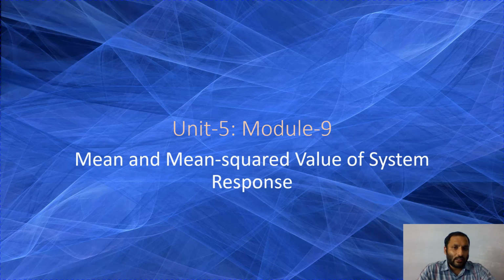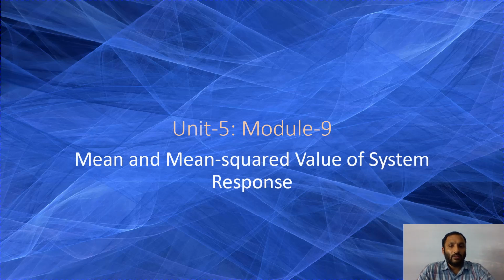Last class itself we showed you the operation. The convolution operation is used to determine the output of a linear time invariant system. How to calculate the response? The response is given by the convolution integral.